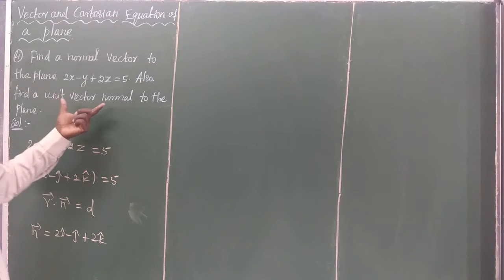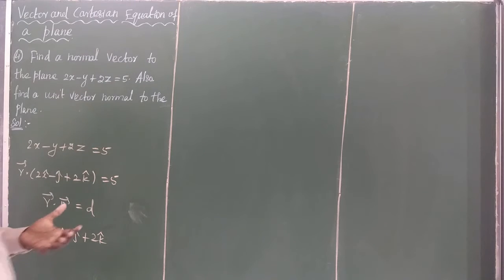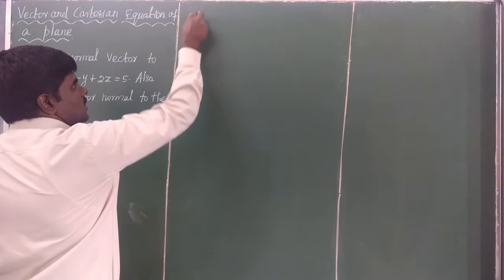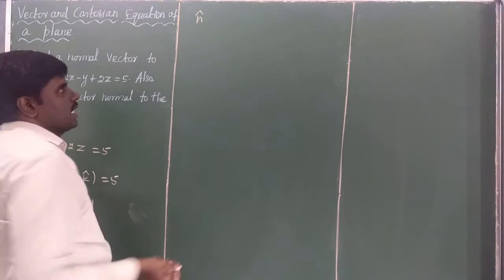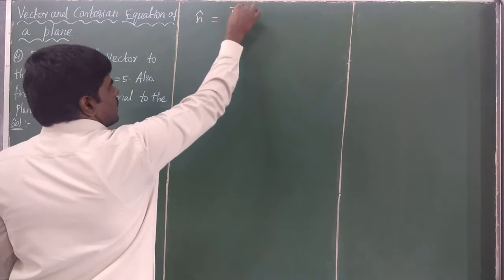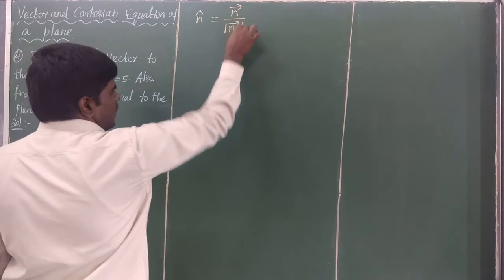Now I need the unit normal vector. We know the definition of the unit normal vector: n cap is equal to n vector divided by magnitude of n vector.